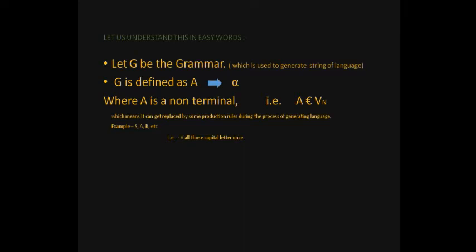Since these are non-terminals, meaning all those capital lettered ones are non-terminals, they can get replaced in order to form a language. Here alpha belongs to V_n union sigma, which means alpha consists of both non-terminals and the set of all the alphabets that belong to the combination of non-terminals and terminals.